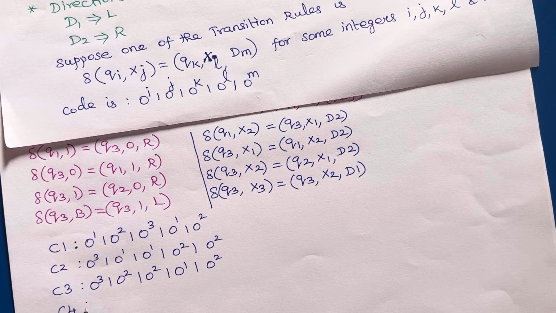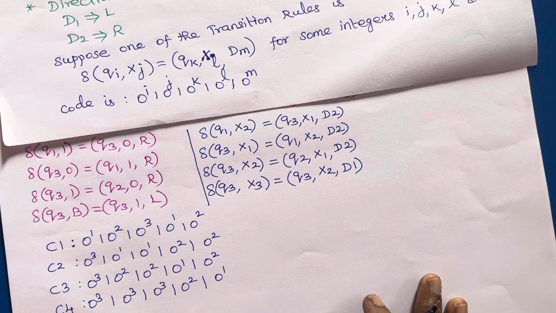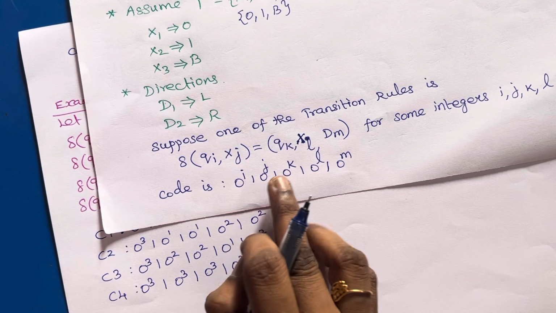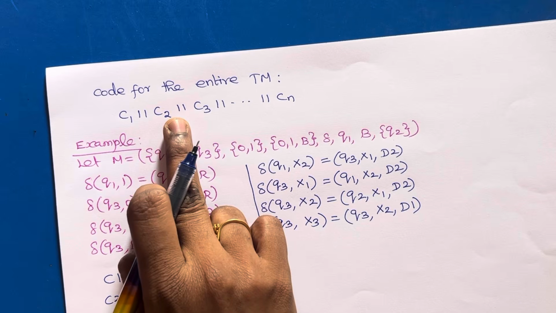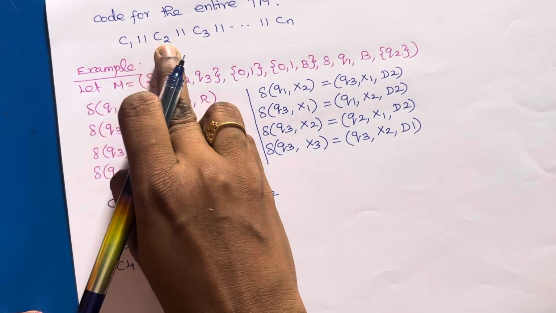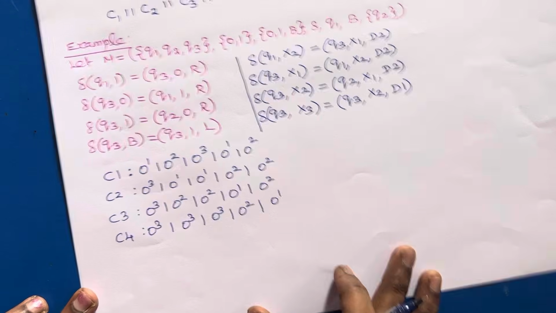Then C4 is 0 power 3, 1, 0 power 3, 1, 0 power 3, 1, 0 power 2, 1, 0 power 1. So now we have written the binary code for each and every transition. Then we have to write the binary code for the entire set of transitions by using this rule. First we write C1, then double 1, C2, double 1, C3 and so on. Here we have 4 transitions.